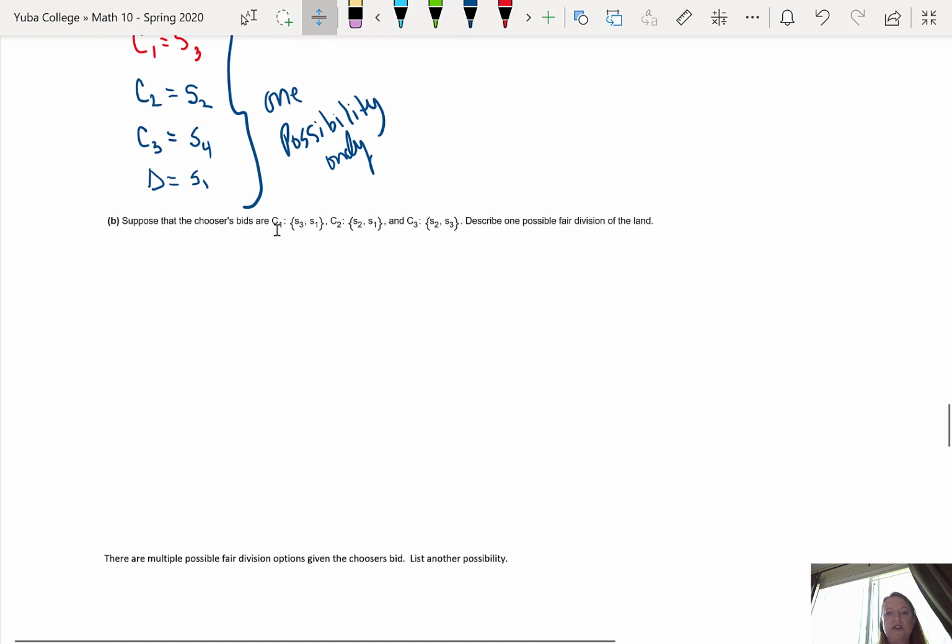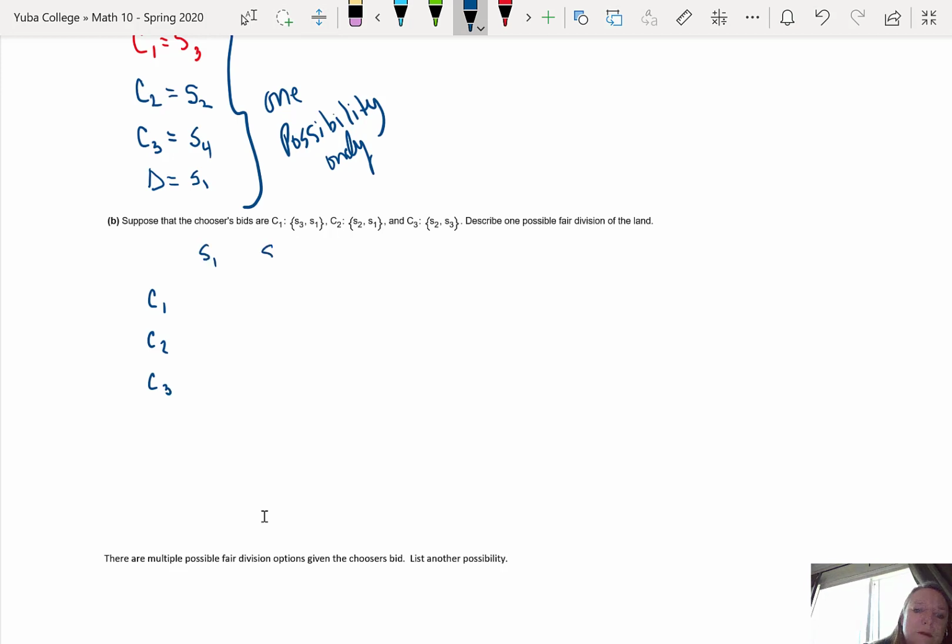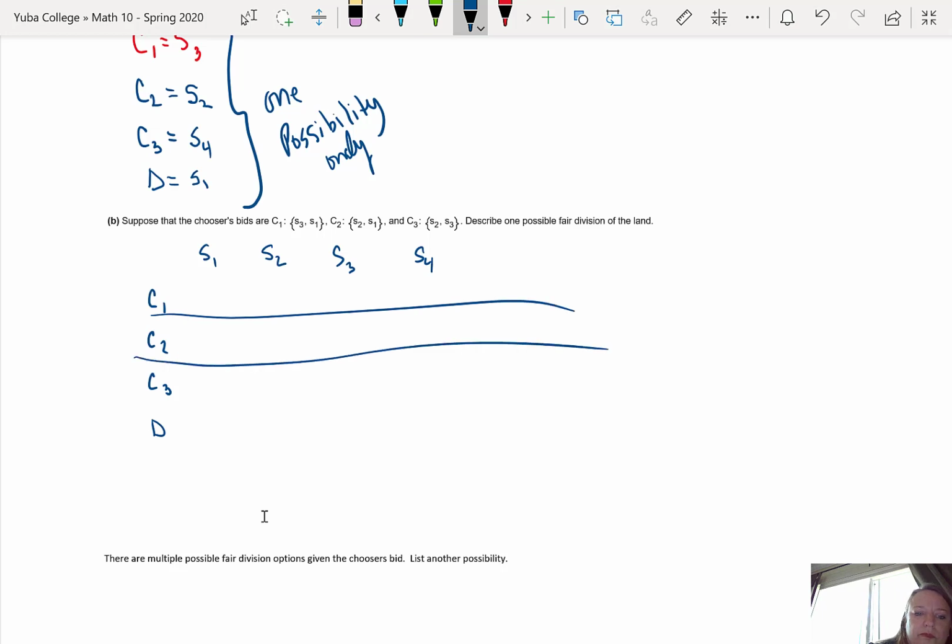Okay, so this time we have chooser 1 does S sub 3. So again, I'm going to just do chooser 1, chooser 2, chooser 3. We have S sub 1, S sub 2, S sub 3, S sub 4, and we have the divider, just to keep it organized.